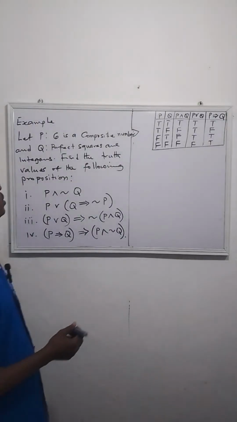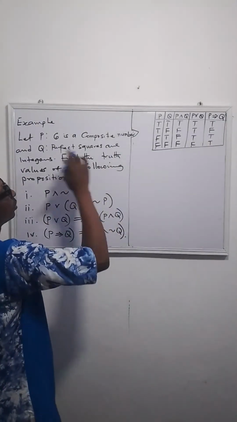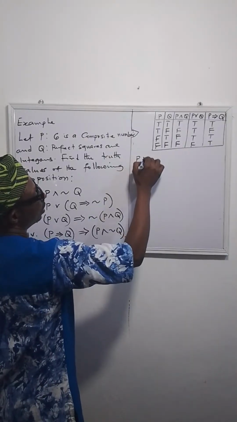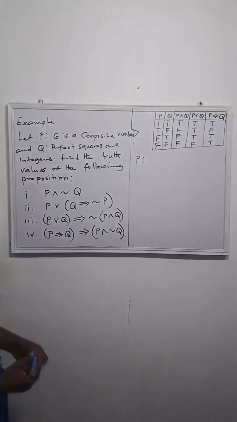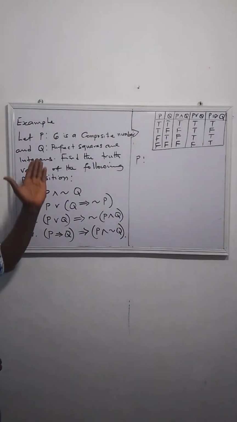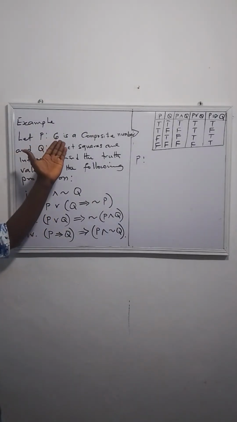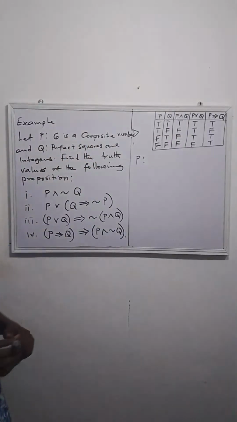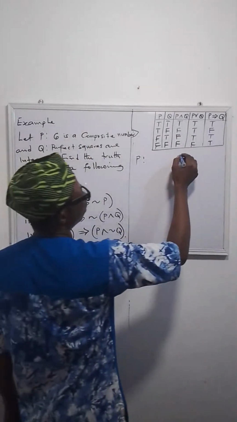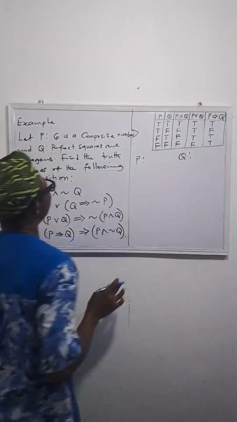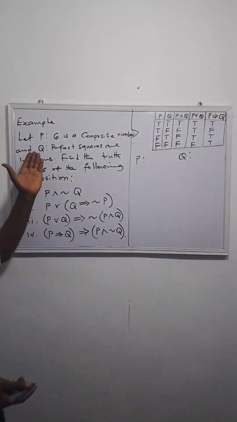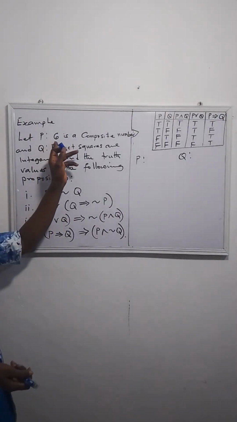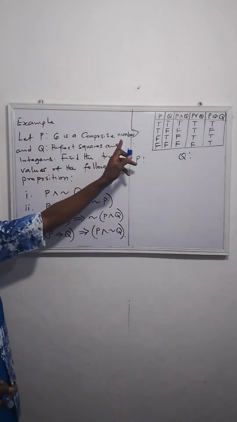All right. So now to answer this, we need to get the truth value for P and for Q. What is the truth value for P? Look at it. 6 is a composite number. So I need you to give me the truth value of this, and Q. What is the truth value of this statement, 6 is a composite number?